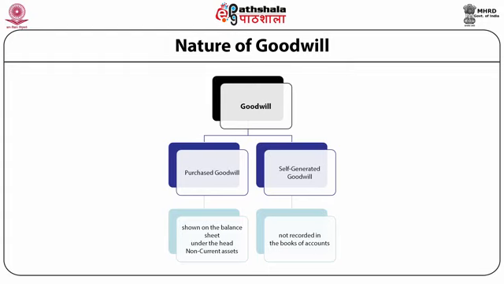So, the figure shows that only purchased goodwill is recorded in books of accounts, whereas self-generated goodwill is not. And further, the purchased goodwill is shown in the balance sheet under the head non-current assets.